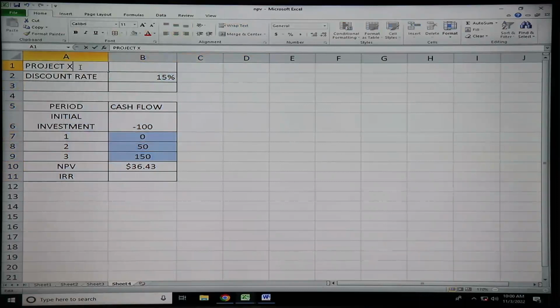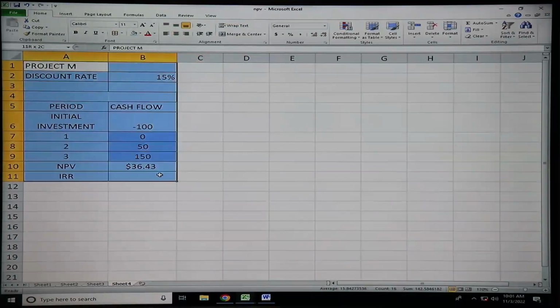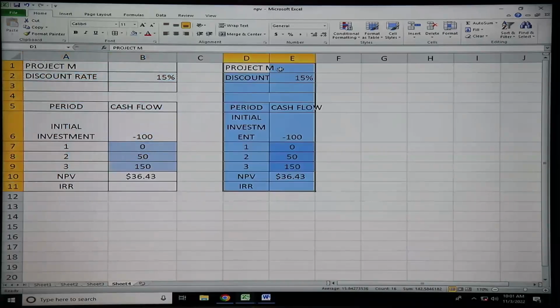Then we'll call this one project M, and you copy this one here.